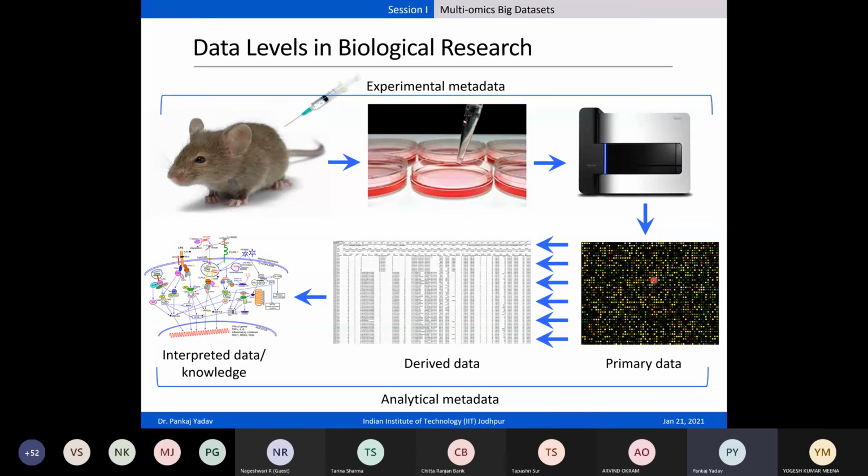We now have imaging data, and from this we need algorithms which can convert the imaging data into textual form, text files that are more readable. This is called derived data. A lot of algorithms already exist for this conversion from image to text data. And now the analytical job is mainly left to statisticians, mathematicians, and computational biologists.